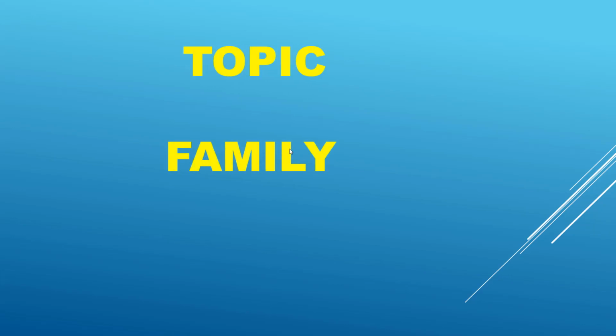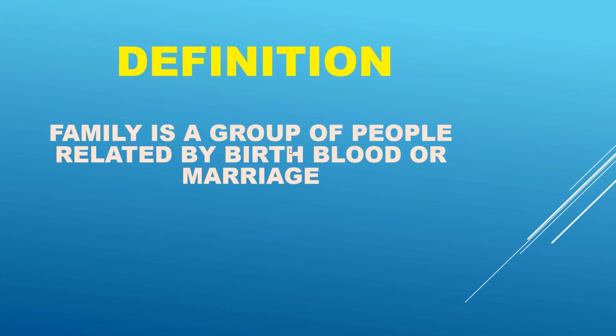Let's continue. That is our slide transition. What do we have? The topic coming up. What again? Family. What again? Definition. And here you have your definition. You define, you explain.